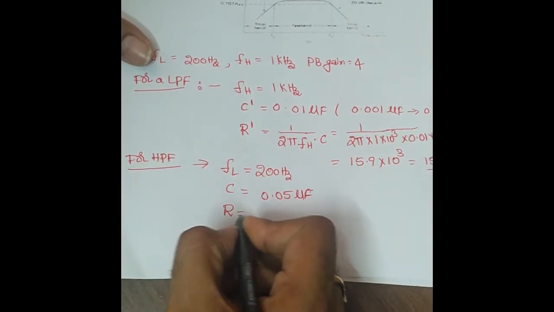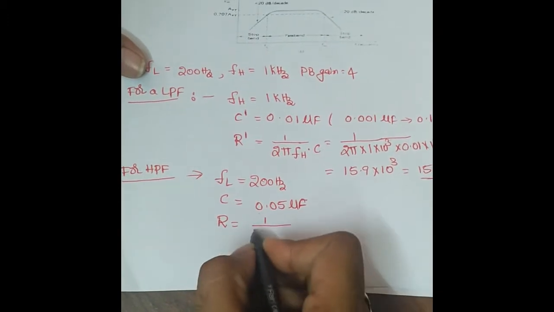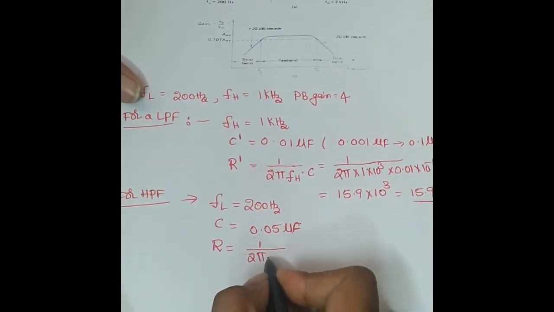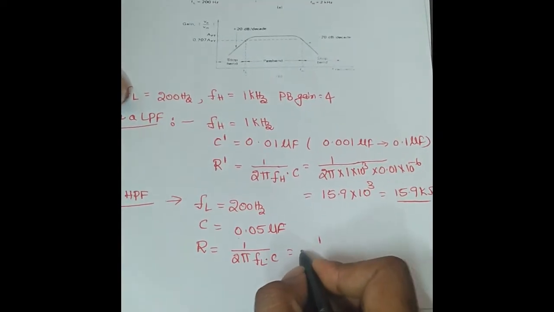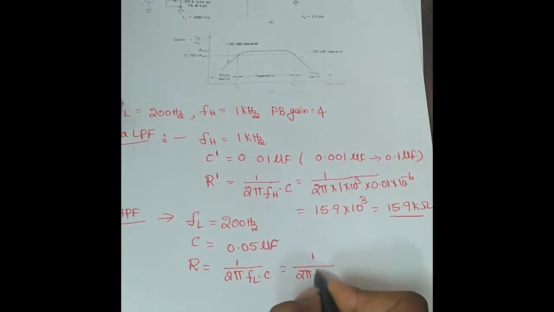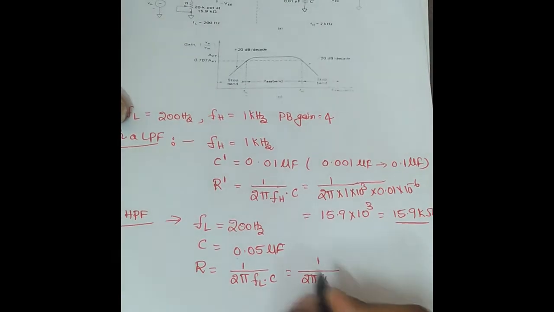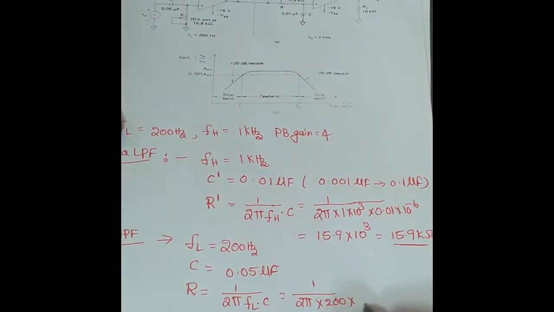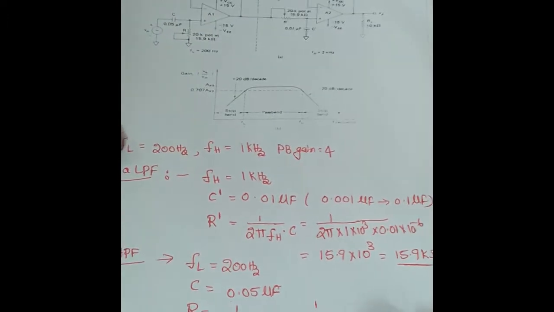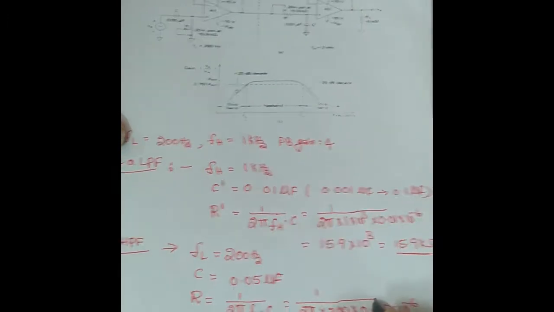Now calculate the value of R by using the formula 1 by 2 pi into FL into C, which is equal to 1 divided by 2 pi, FL value is 200 Hz into C is 0.05 microfarad, 10 power minus 6.